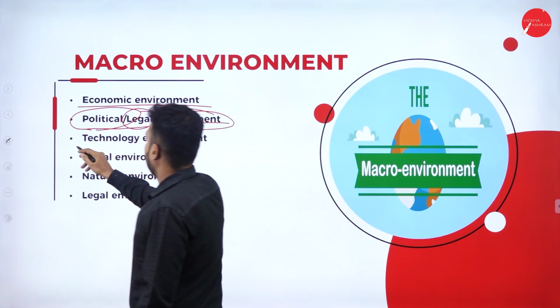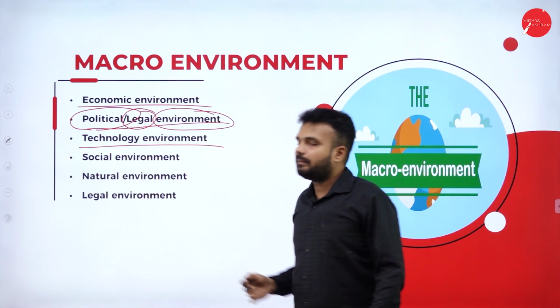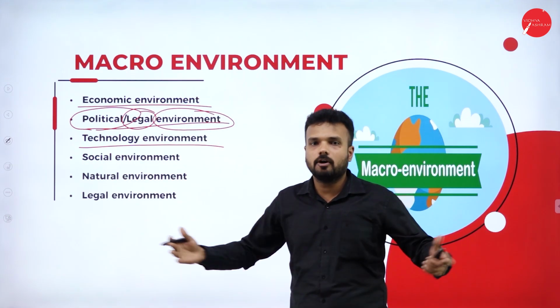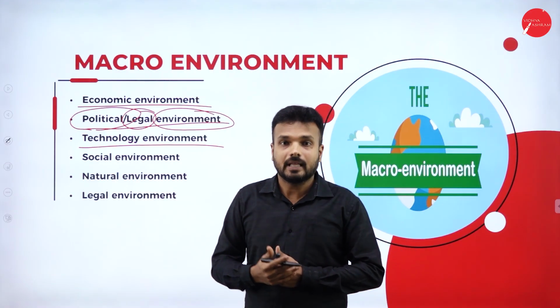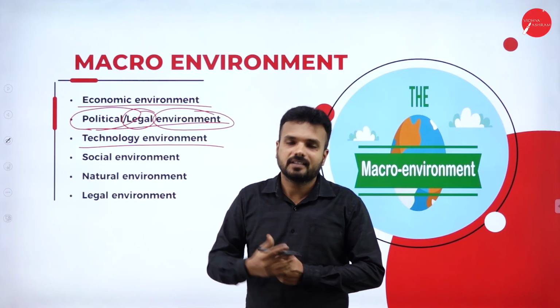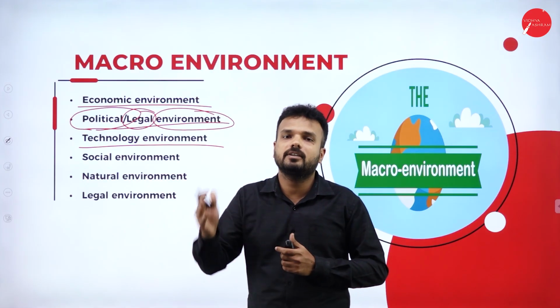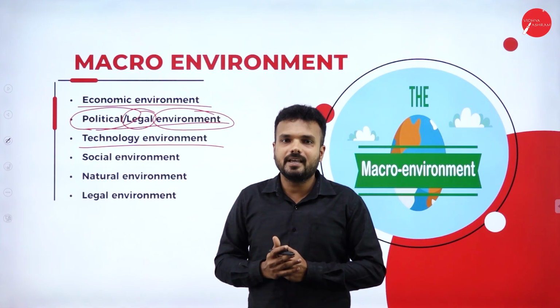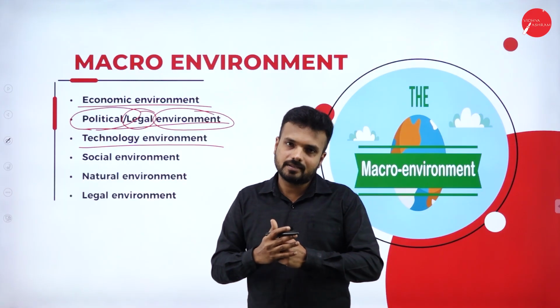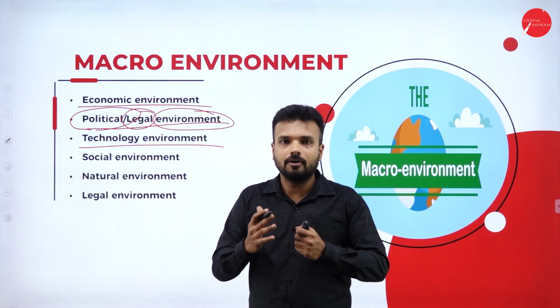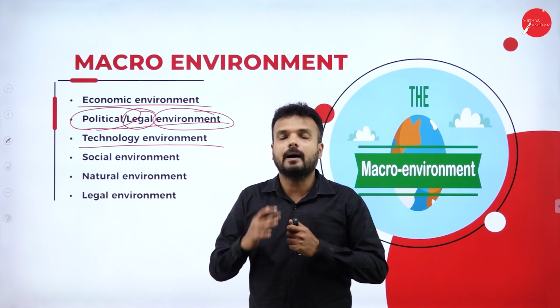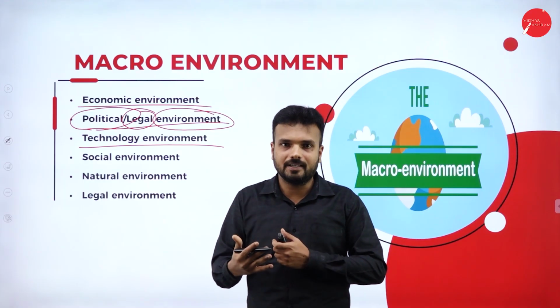Followed by technological environment. When it comes to the technological environment, it's all about the technology, the upgradation of the technology, the use of technology in the business environment, and how exactly the technology is going to influence the business environment. See, in today's generation, there is no business entity without technology, because we are completely dependent on technology, right?